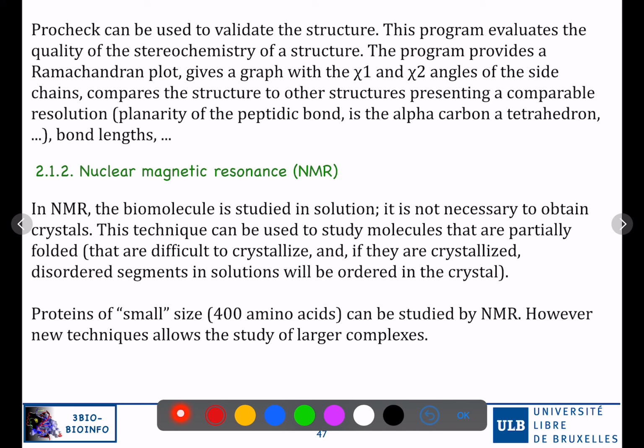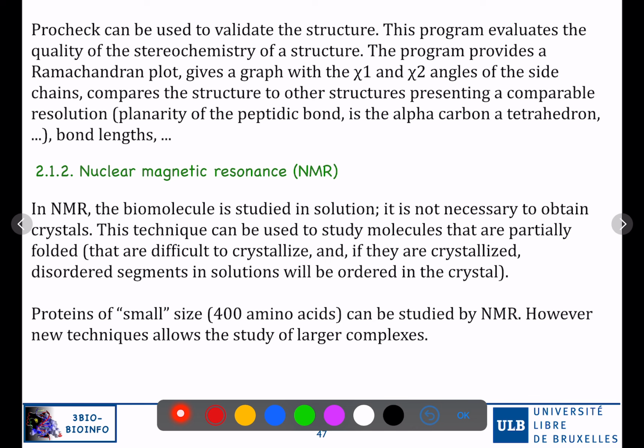We will now see another technique that can be used to obtain information about the 3D structure of proteins. It's nuclear magnetic resonance. The main difference between NMR, nuclear magnetic resonance, and X-ray crystallography is that in the case of NMR, you will study the biomolecule in solution.